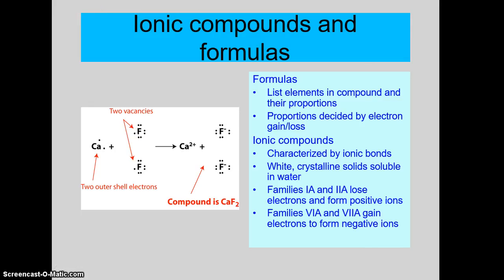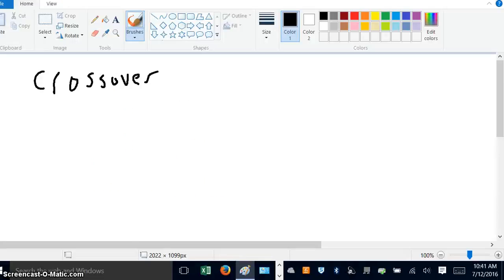So what I'm going to do now is switch to what's called the crossover technique. Remember, we just found that calcium fluoride, just from the example in the PowerPoints, was CaF2. So you write it out like this: calcium fluoride.